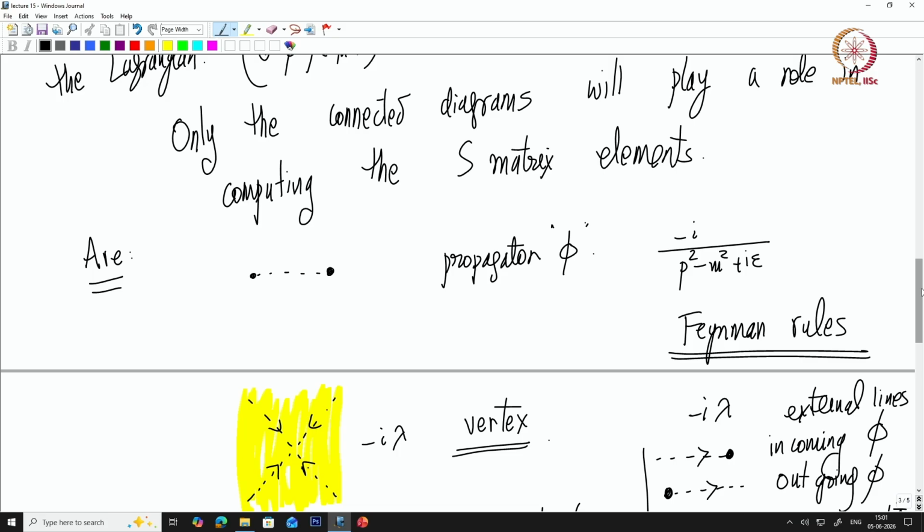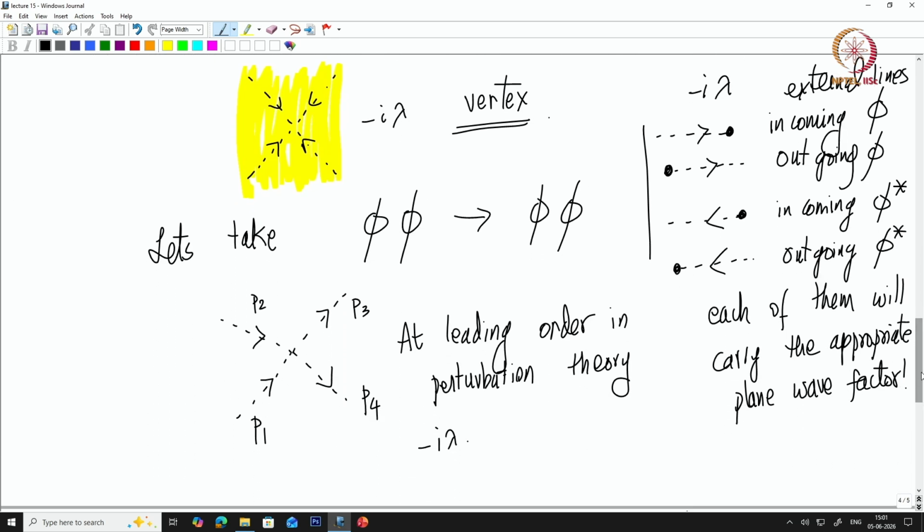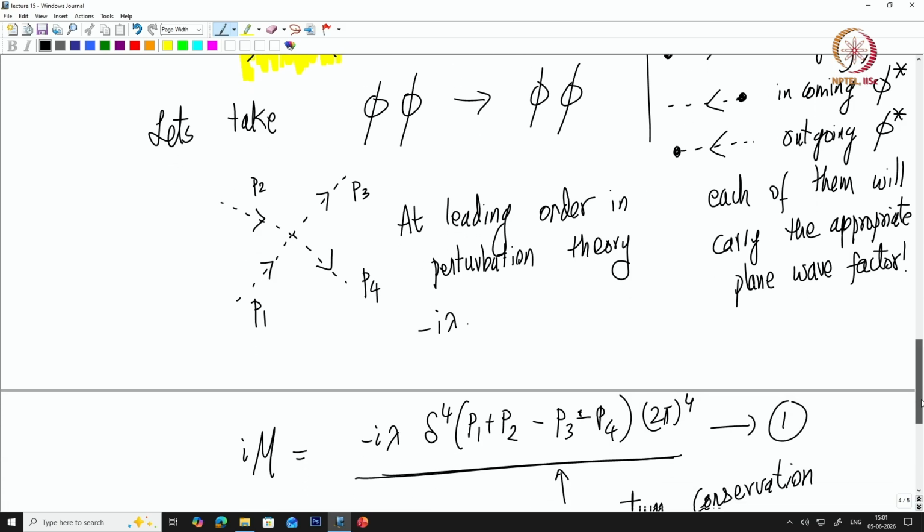But they can be justified from all the techniques which we have learned: the Dyson series, the mode counting, the computation of the propagators, Wick's theorem, the contractions, and so on.